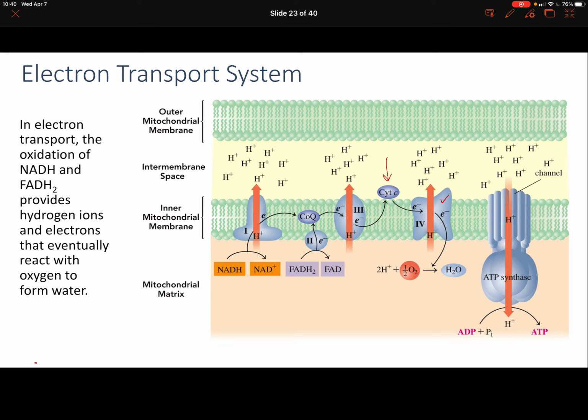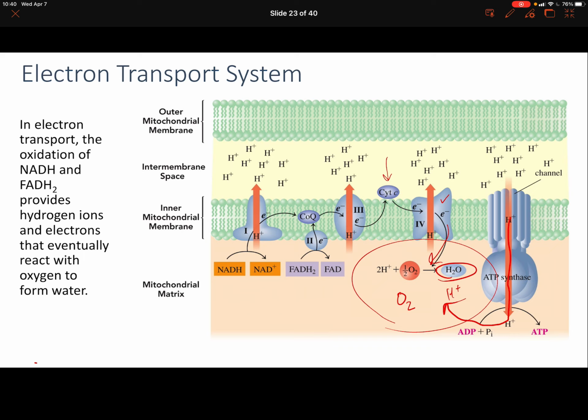Electrons from here get combined with hydrogens and water molecules. So once the hydrogens come back through, they need somewhere to go. Oxygen is around, right? This is why we need oxygen for this whole process. The hydrogens and the oxygens and the electrons now are all allowed to meet and to react to form water. So water is the waste product here.